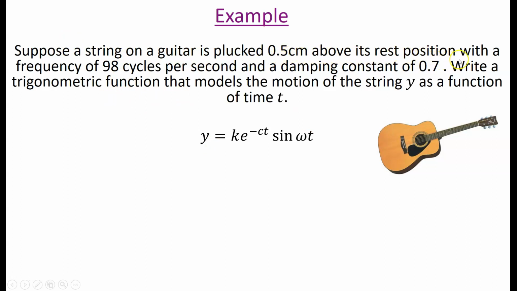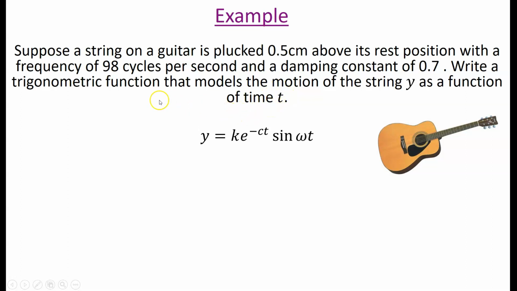You just take your thumb and move it a little bit and pluck it. It's got a frequency of 98 cycles every second, a damping constant of 0.7. That's going to be your C. I told you these will always just be given to you in these situations. Write a trigonometric function that models the motion of the string y. So y is telling us the height of the string from equilibrium as time t moves on.